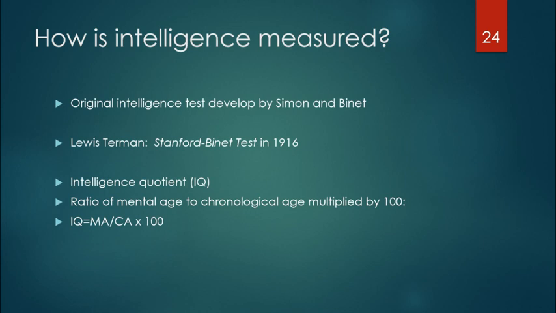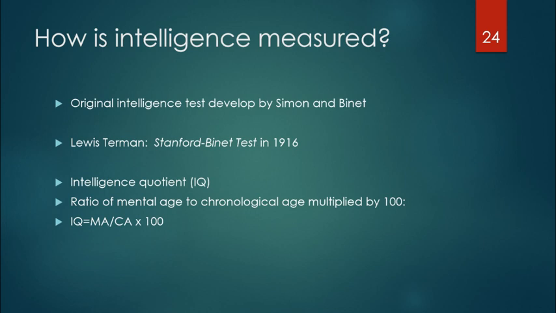So what does this tell us? If your mental age is above your chronological age, so if you are 10 years old, but you have the mental age of a 15-year-old, then you will have an IQ above 100. If you have the mental age of a 5-year-old and you are 10 years old, then you will have an IQ below 100.